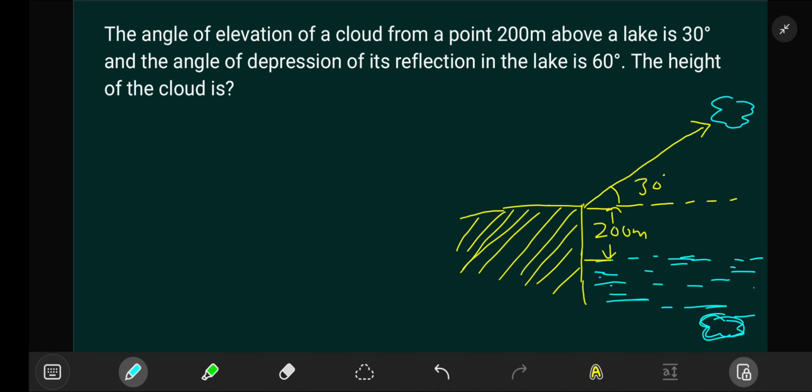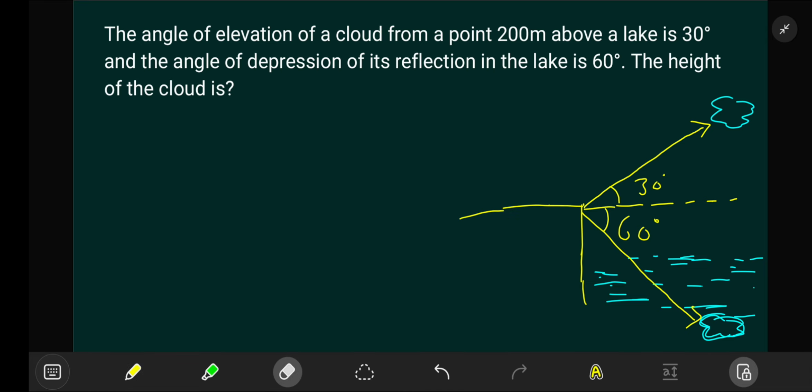Now this angle of depression is 60 degrees.